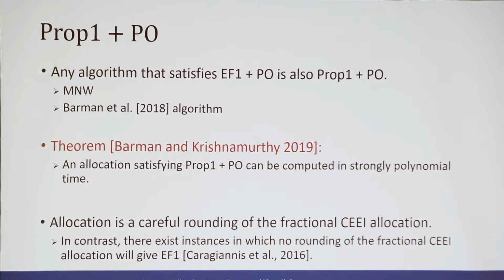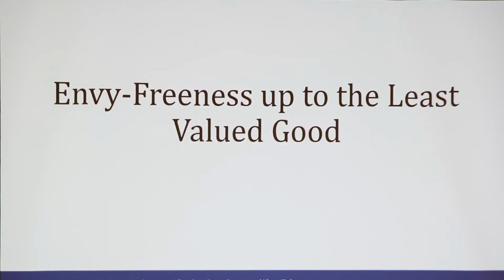But if we round it carefully, we can guarantee prop 1 plus PO. And this is kind of interesting because we know that there exist instances where any such rounding technique will not give us EF1. Okay, so it seems like this is at least some kind of hard boundary between prop 1 and EF1. At least these techniques won't work for EF1 plus PO. All right, but overall good news on the computational front if we relax the fairness requirement.